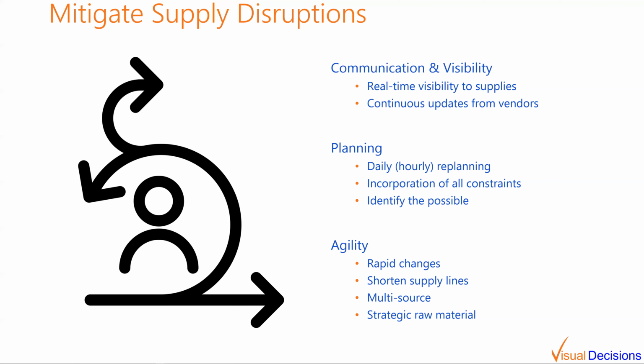And then also thinking through strategic raw material reserves and so forth, so that you can keep your plants operating and being able to build some things, even when certain supply disruptions occur. And so being able to have that visibility, being able to have that capability within your organization to adapt and respond on the fly to things that are happening.